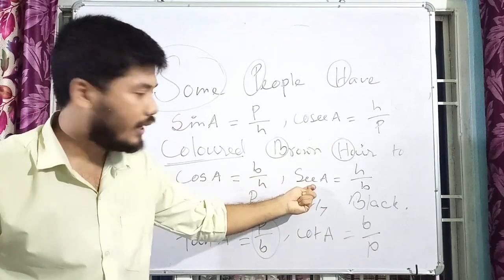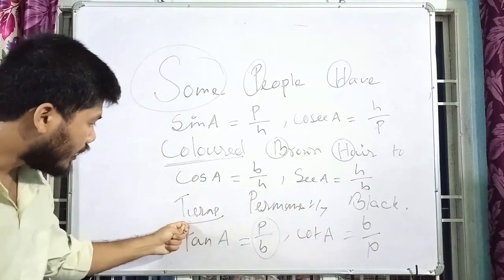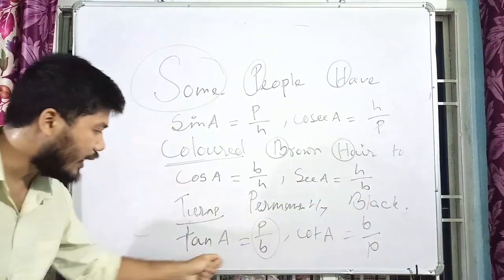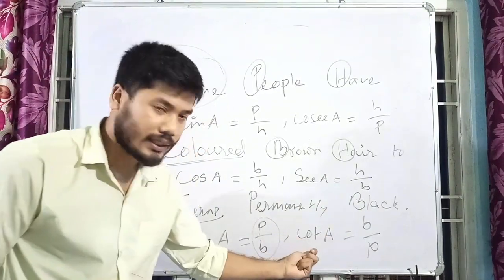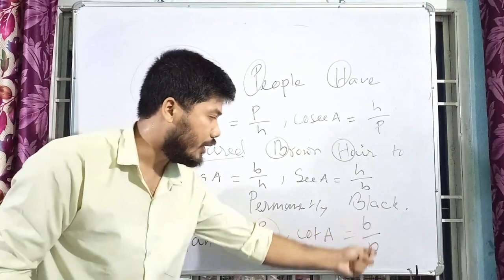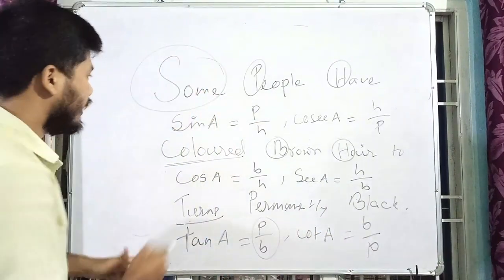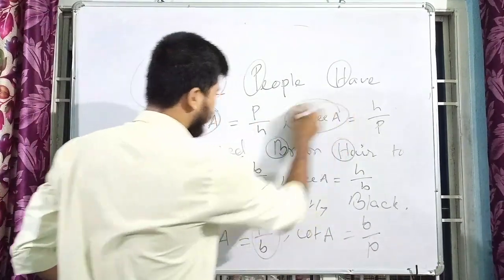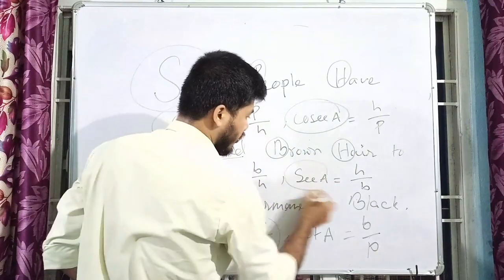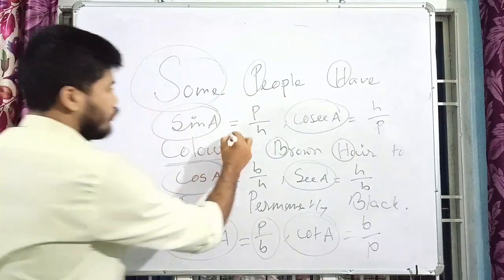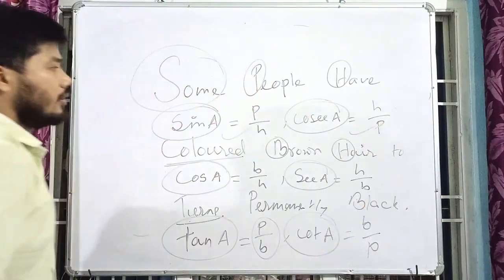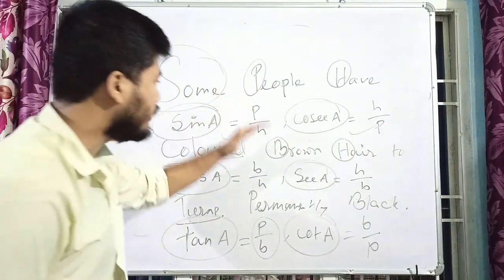Cos's opposite is sec, so H by B. Turns permanently black, that is tan A is equal to P by B. Tan's opposite is cot A, that is reciprocal, B by P. So these are the 6 trigonometric ratios that we have to learn in this chapter, and you have to remember these relations.